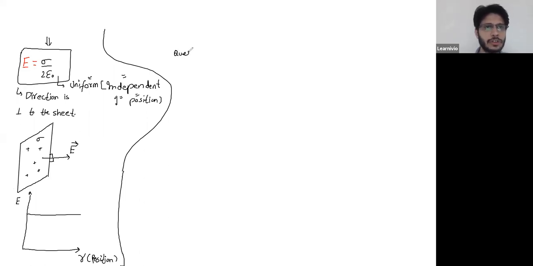Okay, let's solve a question on infinite plane sheet. This numerical is given in NCERT. Let's consider two sheets over here. This is sheet number 1, and then you have one more sheet, this is sheet number 2.